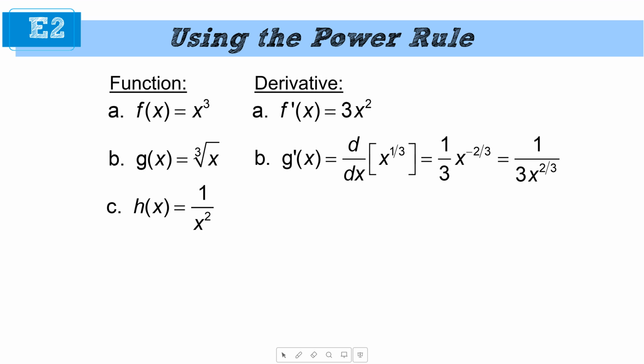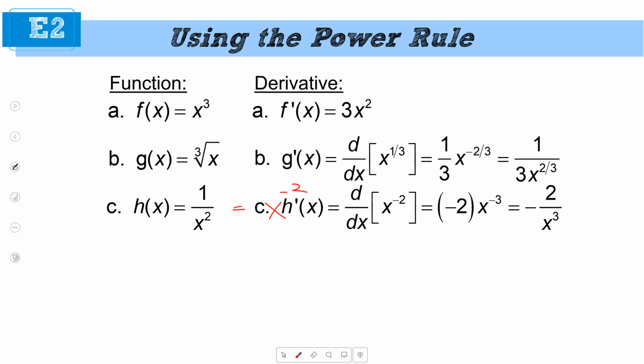So if this is the same thing as x to the -2, then what's the derivative? -2x to the negative first power. What's -2 minus 1? -3. There you go.